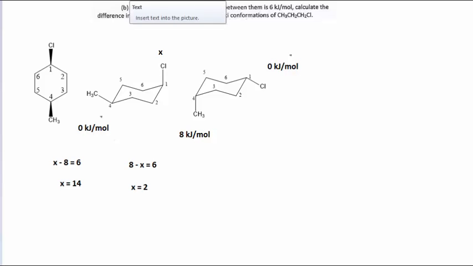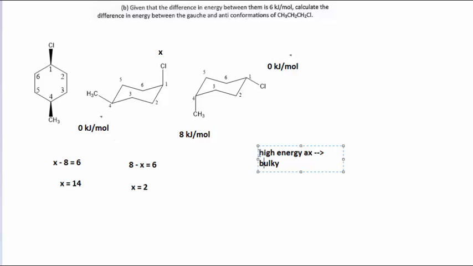Only one of these can be right, and this goes back to those rules that we were talking about before, with high energy axial will go to bulkier groups. And remember, our order was branched alkane, straight alkane, halide.